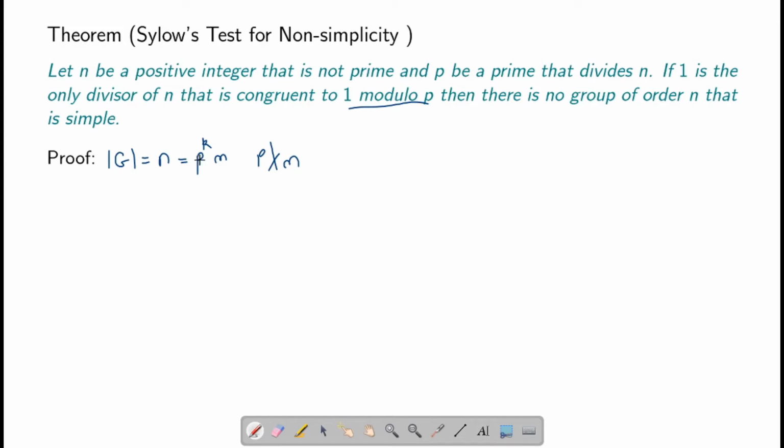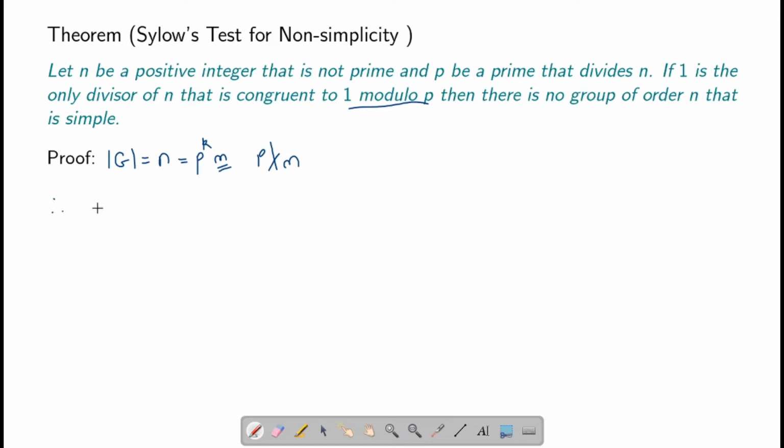Okay, so we know that the number of p Sylow subgroups has to divide m and should be congruent to 1 modulo p. But if it has to divide m, then it should also divide n. And the only possible candidate, a divisor of n which is congruent to 1 modulo p, is 1 itself, and therefore the number of p Sylow subgroups is 1.